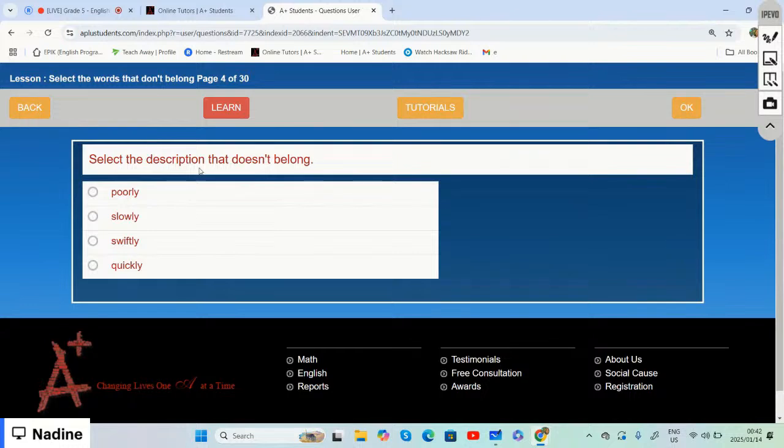We need to select the description that does not belong. We have poorly, we have slowly, we have swiftly, we have quickly. We need to select the word that does not belong. It's to do with the pace of something.